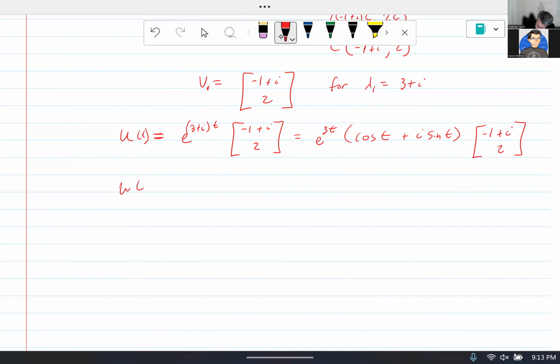So u of t is going to be equal to e to the 3t times, I'm going to multiply this out. The bottom's a lot easier to multiply out, but we'll get there. So this is -1 plus i times cosine t plus i sine t, and then this is 2 times cosine t plus i sine t, using Euler's formula.